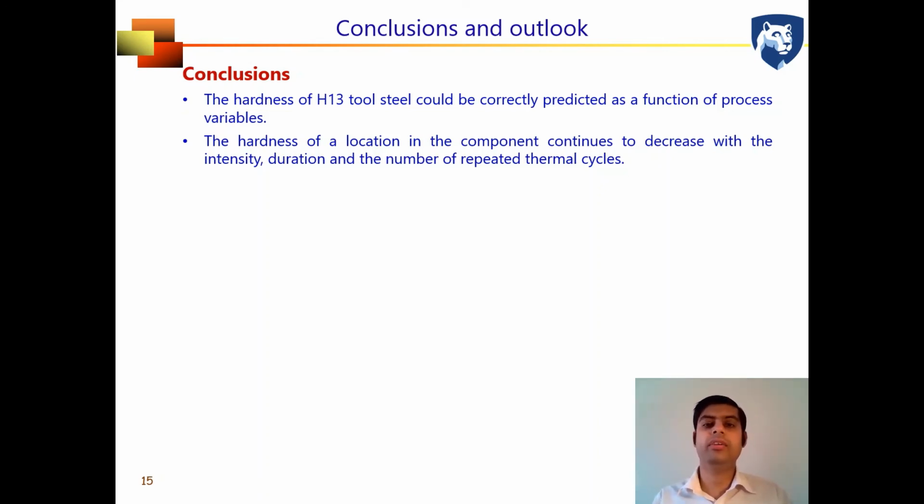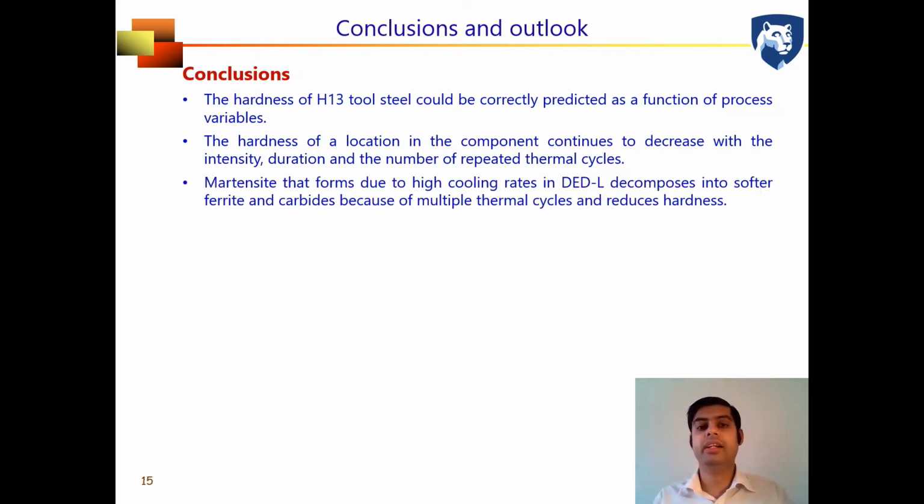A particular location, when it experiences more thermal cycles, the hardness will drop. And that is because the martensite that forms because of the high cooling rate decomposes into ferrites and carbides due to the repeated heating and cooling.